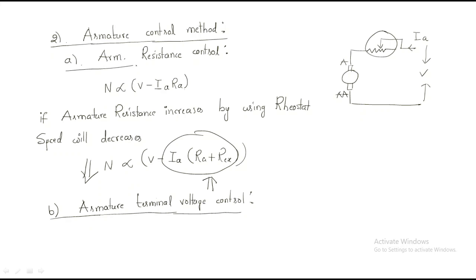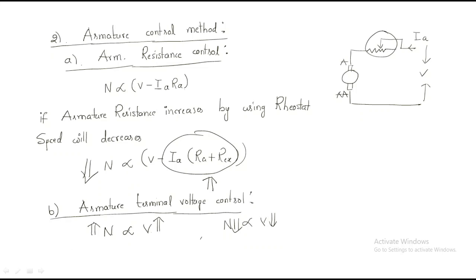The first was the armature resistance control method. So here how can we control this? Speed is proportional to the V here, V minus IARA. When voltage value increases, what happens? Speed value increases. When voltage value decreases, speed value decreases.